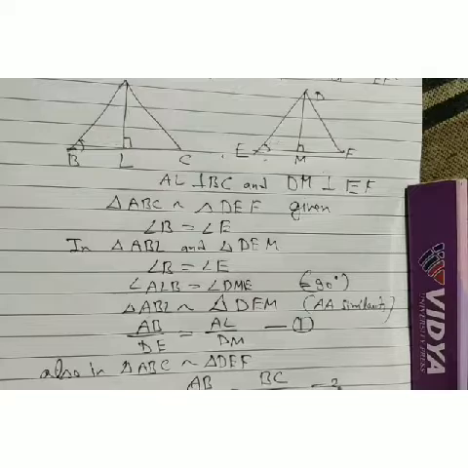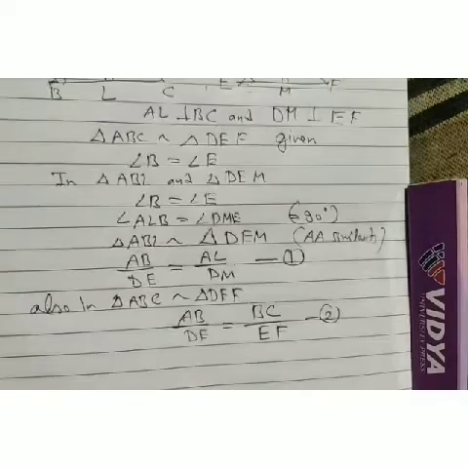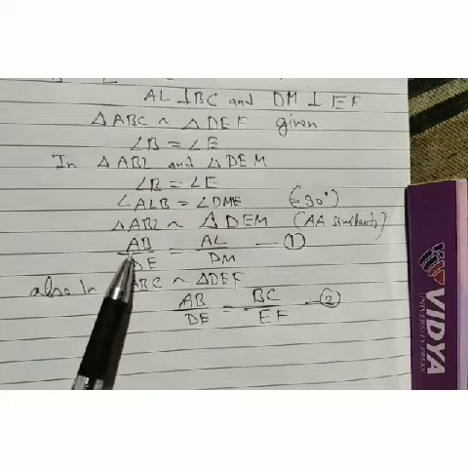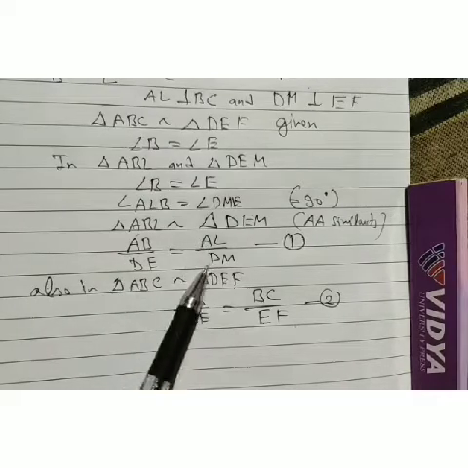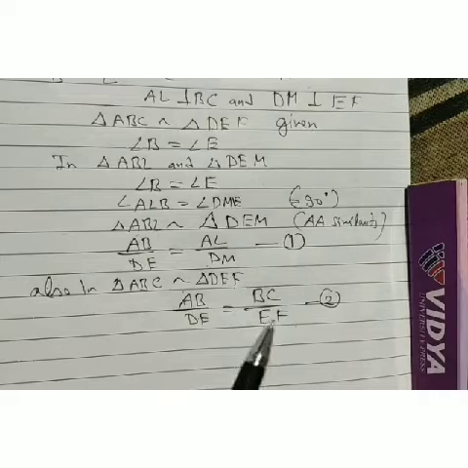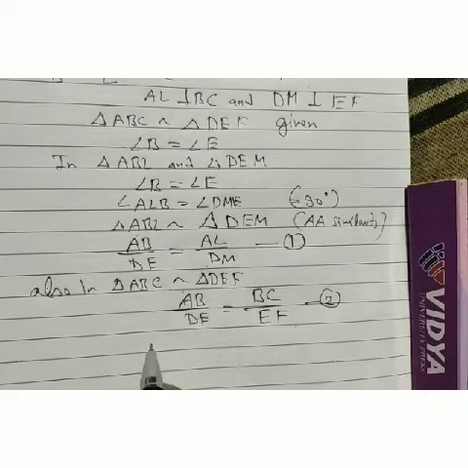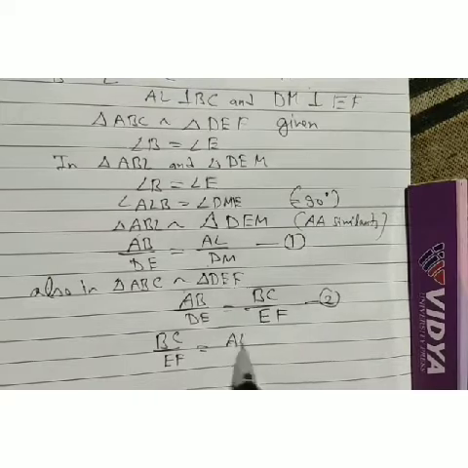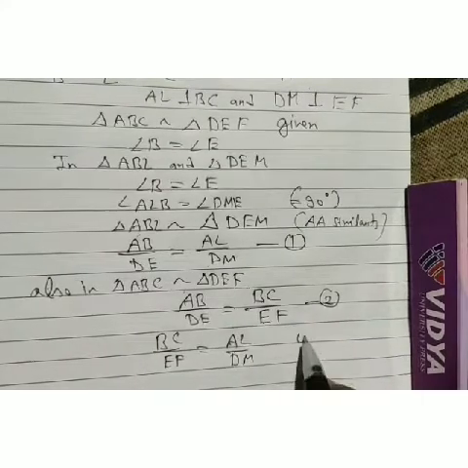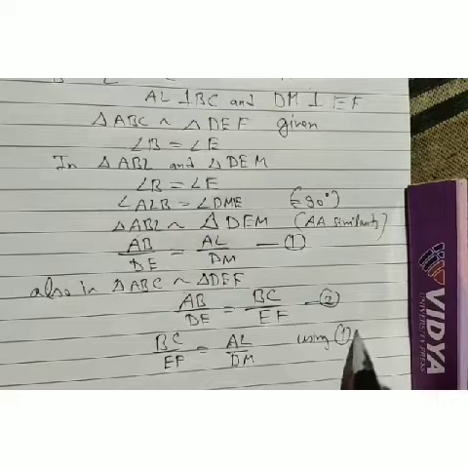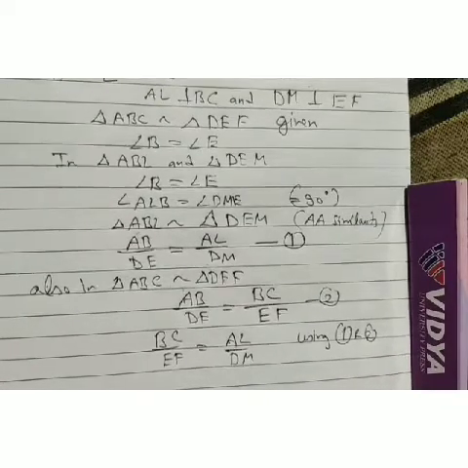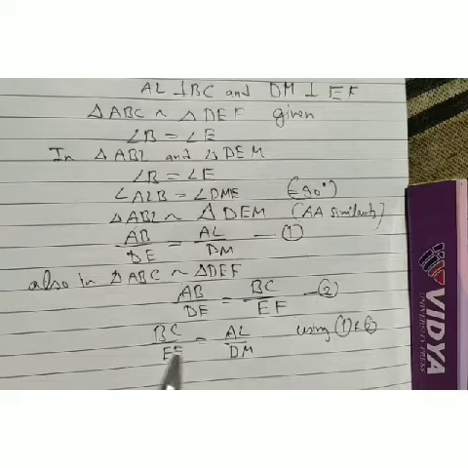We can make this equation number 2. Now look, we have AB by DE equal to AL by DM, and also AB by DE equal to BC by EF. Then using equations 1 and 2, we have BC upon EF equal to AL upon DM.